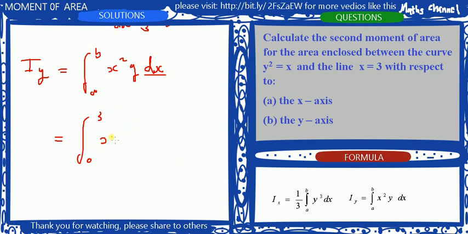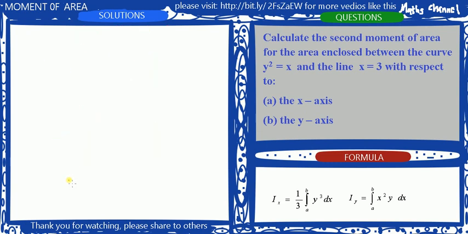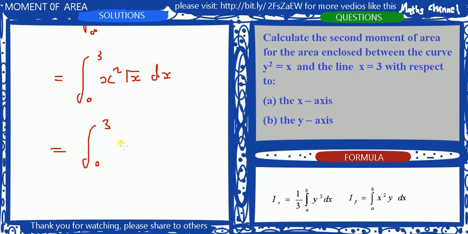So let's get into it. We'll substitute the value of y, which is the square root of x. Continuing with this one, we have the limits 0 and 3, and adding the 2, we'll have 5 over 2. It's like adding a half to a 2.